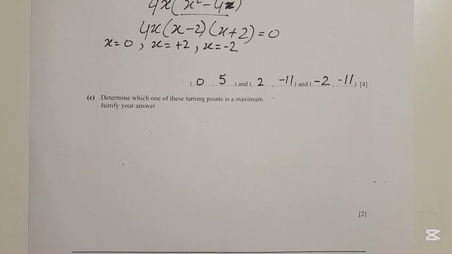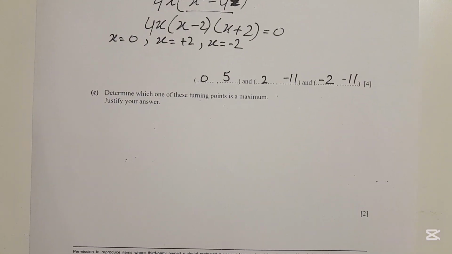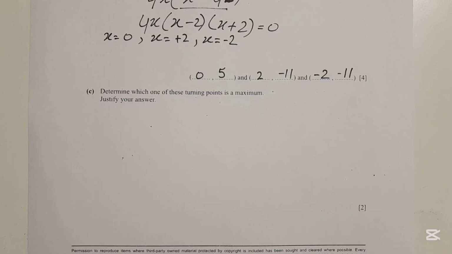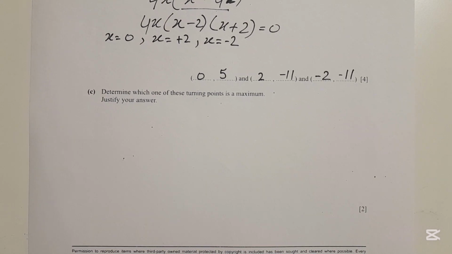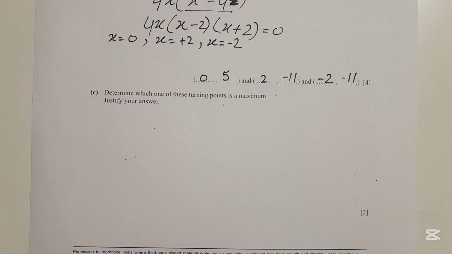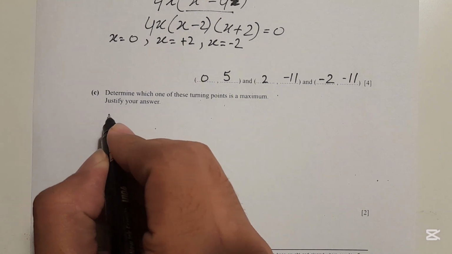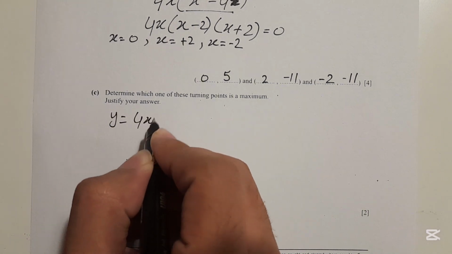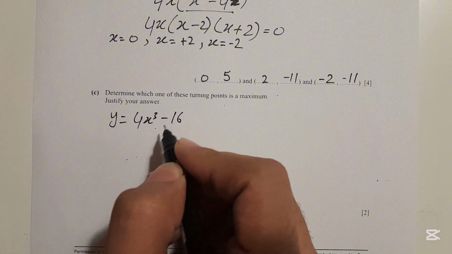So for the next part, part C states, determine which one of these turning points is the maximum, and justify your answer. So first we will write the equation, which is y is equal to 4x cube minus 16x.